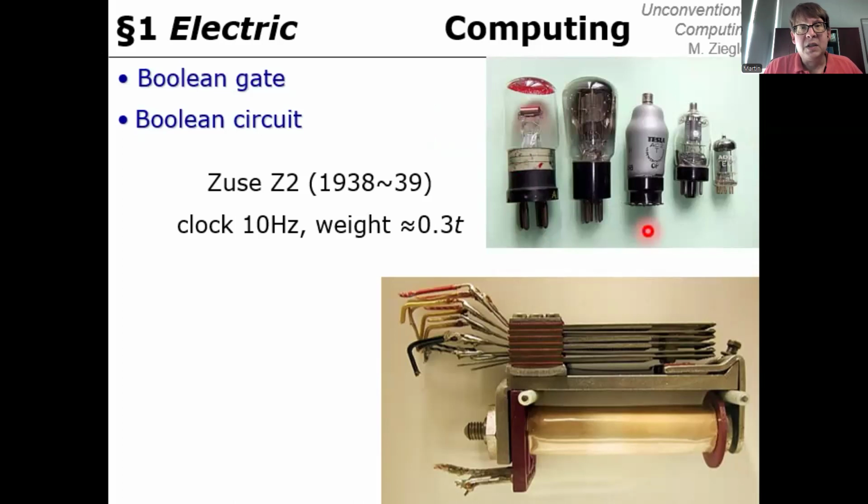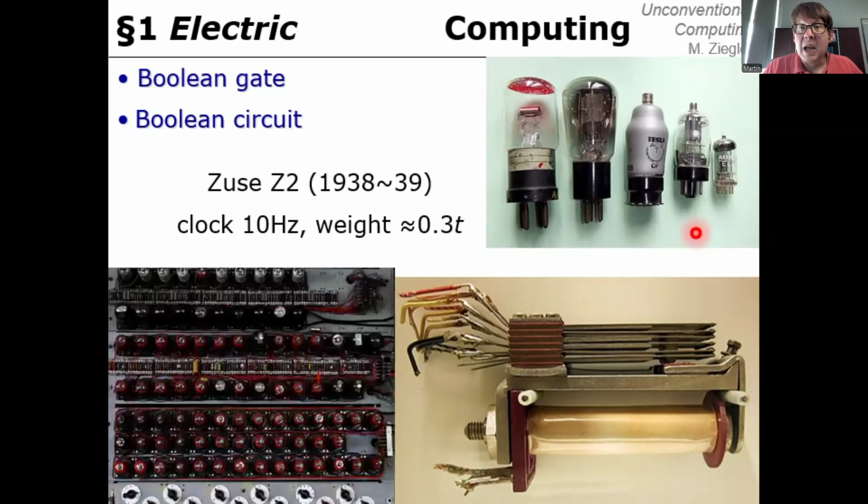Still, sometimes some of these bulbs would fail. Maybe air would enter it and then they stopped working. But still, again, much more reliably than electromechanic, which in turn is much more reliable than mechanical.